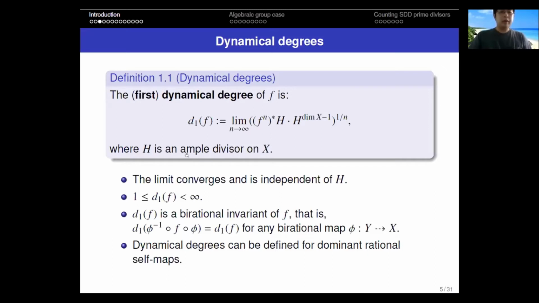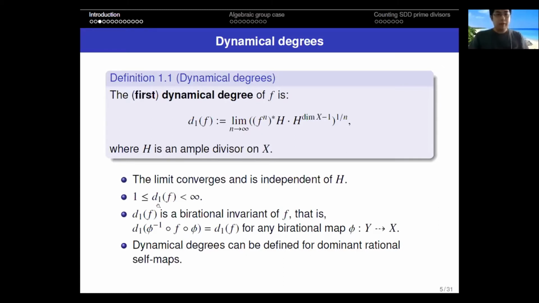And then the limit converges, and it is independent of H. And this number is larger than or equal to 1.